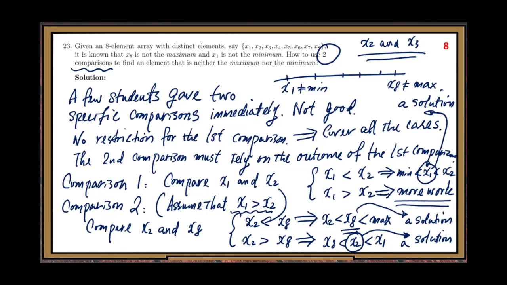You can also find a solution even if you do not touch x1, so you don't need the information that x1 is not a minimum. Here, let's just use this simple version of the solution. All right, so we finish this question.